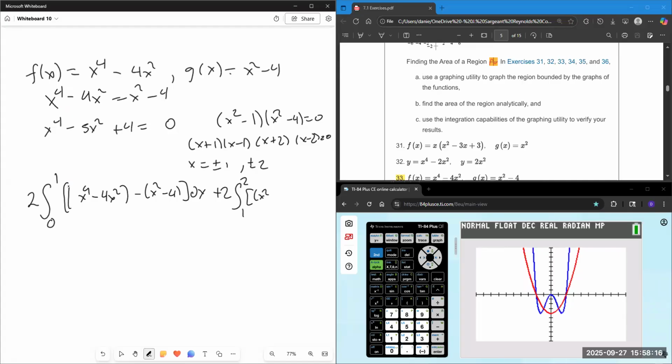So x squared minus 4 minus (x to the fourth minus 4x squared). So this is 2 times the integral from 0 to 1 of x to the fourth minus 5x squared plus 4, and then all my signs over here change. I'll leave the negative in there because I want this to turn out to be a positive number.